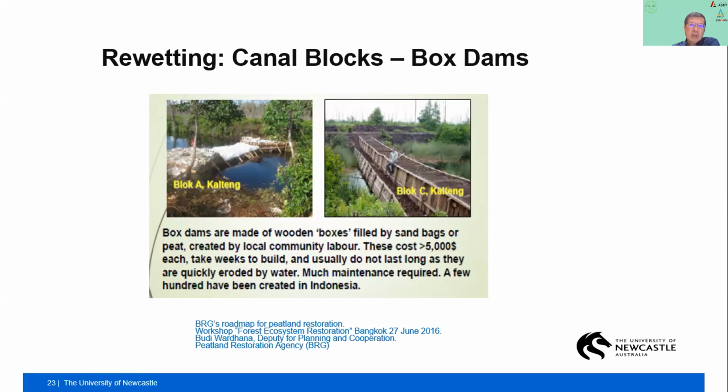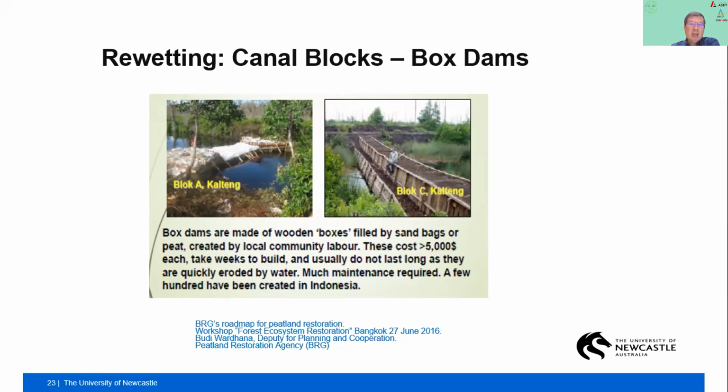So the canals are dug. Obviously the water comes up naturally because you have a high water table, and the water is pumped out. And that's how the water table drops. That's how the peatland is drained. Now we need to reverse that. So we need to block the canal.